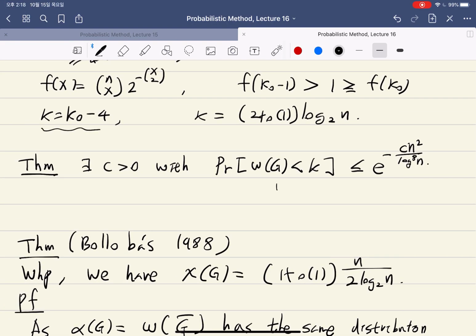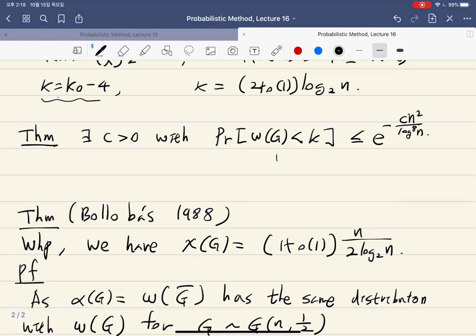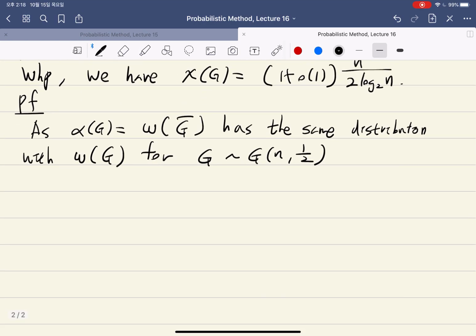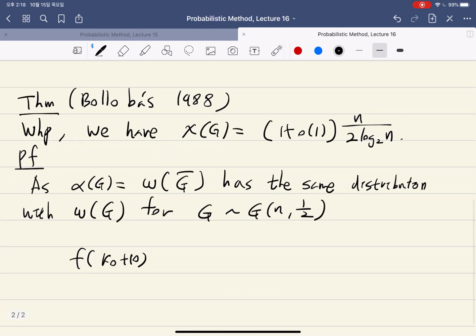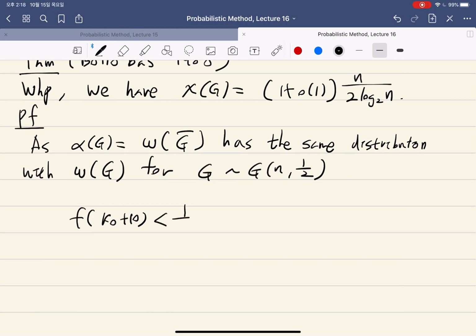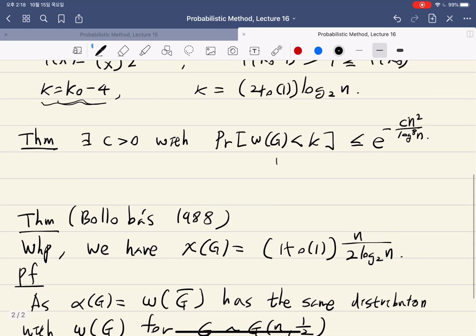If we take, say, k0 plus 10, then f of k0 plus 10 is smaller than or equal to, say, 1 over n to the 9, plus something of order 1, more or less.